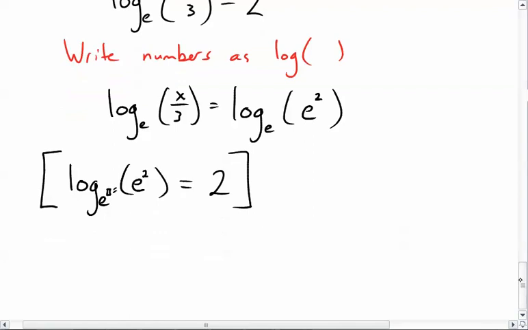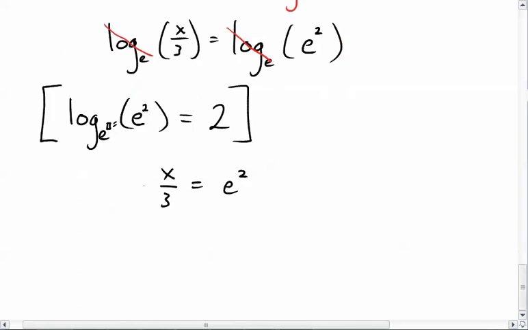Okay, and this is great because now I have one logarithm on each side. They're the same base, so that means the inside of the logarithm has to be the same. So x over 3 is equal to e squared. And now I can just multiply both sides by 3.